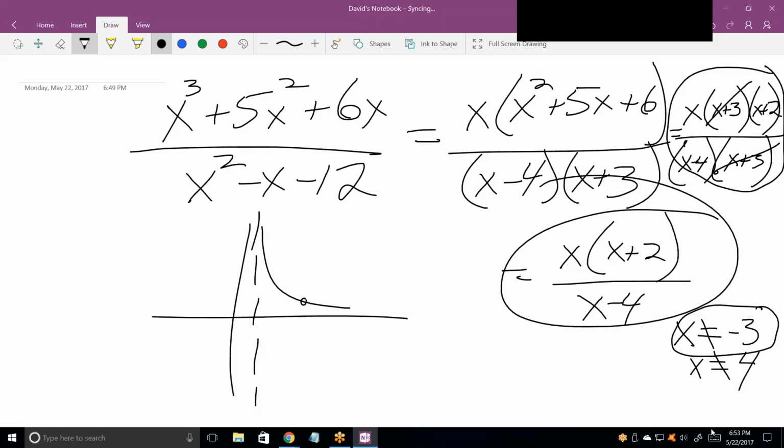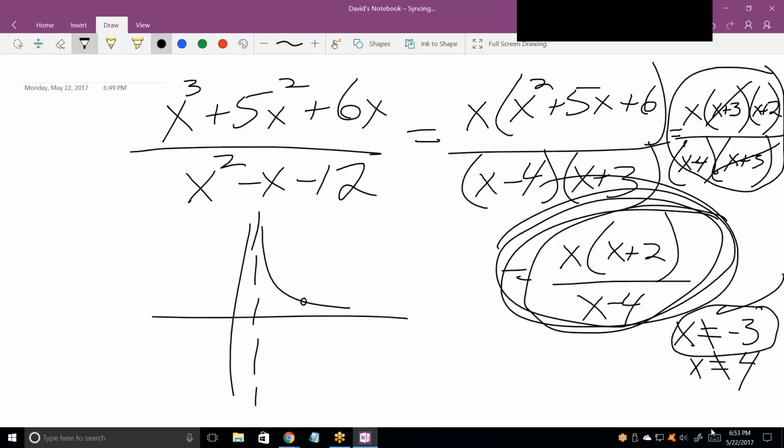In other words, when I look at that final answer, I know I have a vertical asymptote at x equals 4, right? But I also have a hole at x equals minus 3. Despite the fact that the x plus 3 canceled with that x plus 3, it does not change the fact that x can never be minus 3, because that would mean I'm dividing by 0.